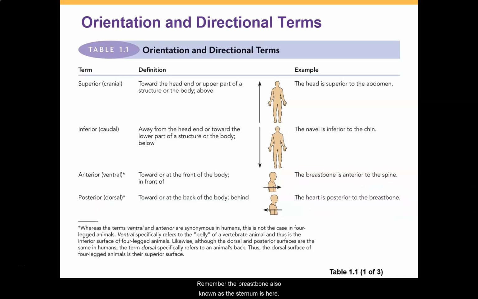So remember, the breastbone, also known as the sternum, is here, and the heart is further into the body. So the heart is posterior to the breastbone. In other words, the heart is behind the sternum. You get the idea. Relative terminology, directional terminology. This is terminology that we use to help us describe the positions of organs relative to one another.